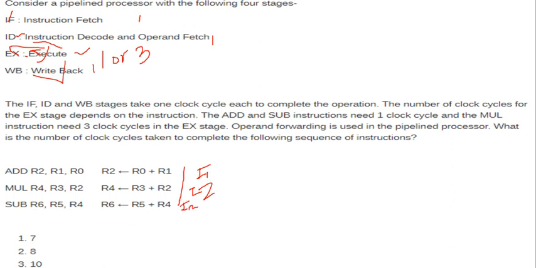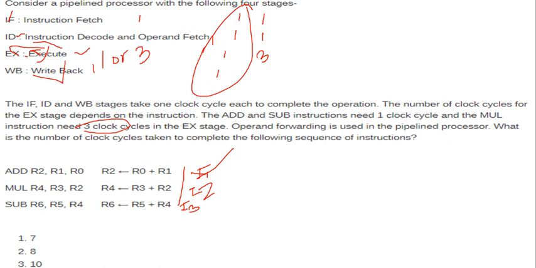If we talk about the I1 instruction, it will take 1 cycle in fetch, 1 cycle in decode and operand fetch, 1 cycle in execution, and 1 cycle in write back. So the number of cycles required will be 4 for I1. For I2, one cycle will be required for instruction fetch, 1 for ID, and 3 for the execution phase, because this is the multiply instruction, and for multiply the execution stage requires 3 clock cycles.